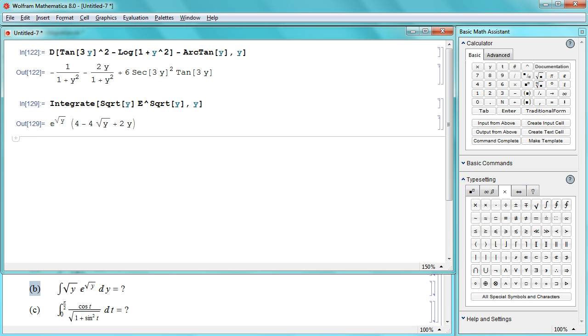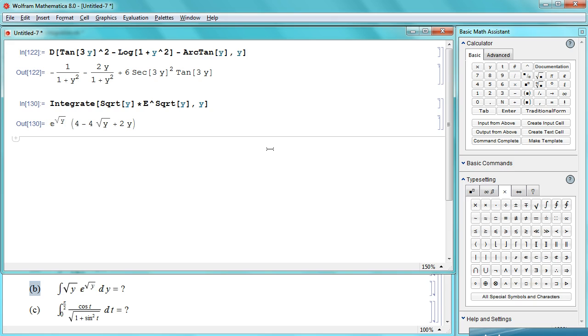By the way, here I have square root of y, and then we have e to the square root of y. By putting nothing in between, Mathematica understood it as a multiplication. I can specify it as multiplication by putting the star in there.